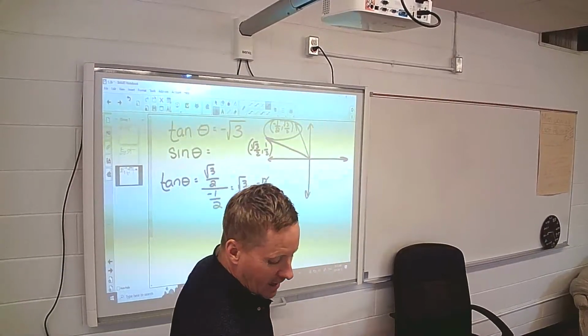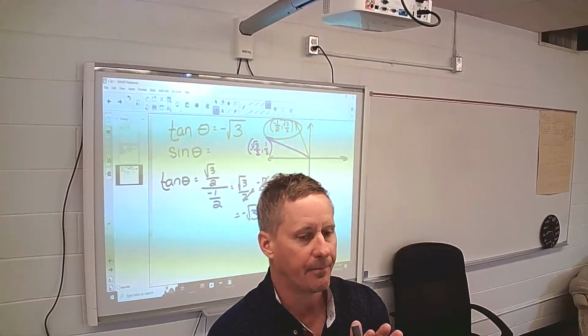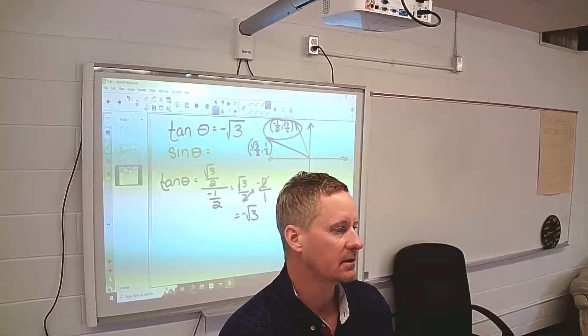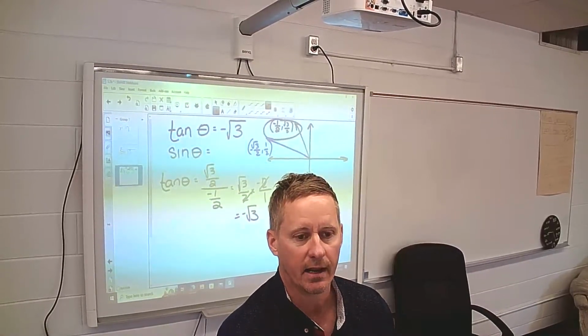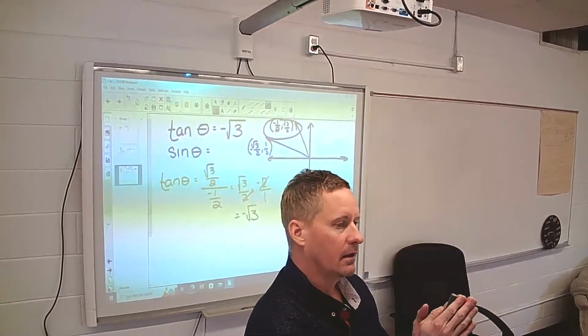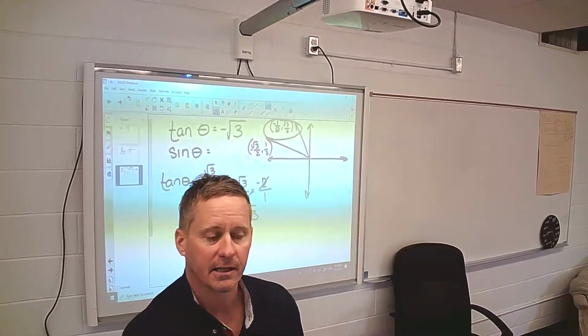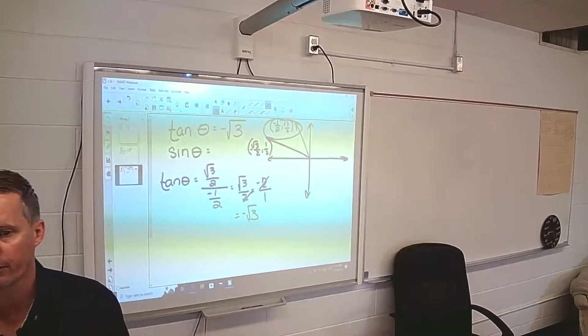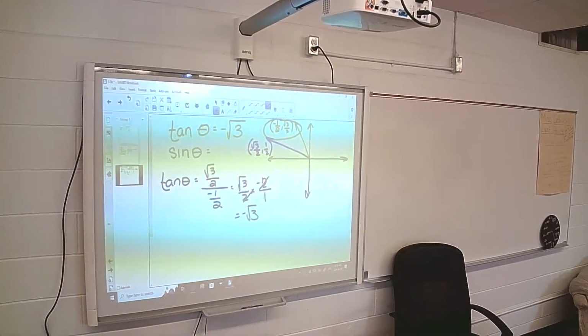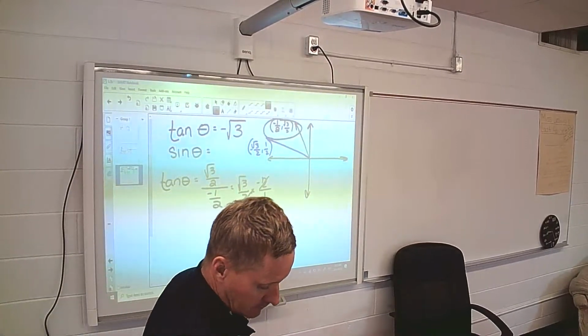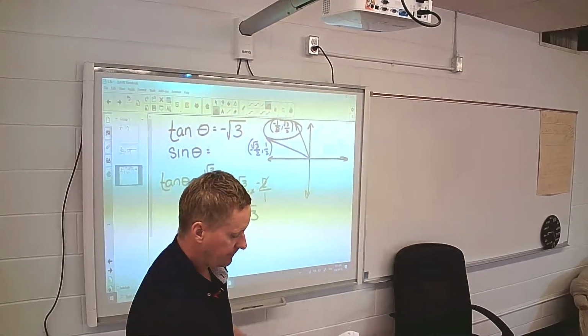So I can either remember that at pi over 3, the 60 degrees, tan is going to be equal to √3. And at 30 degrees, tan is going to be equal to 1 over √3. Or I can just use the coordinates. Okay?